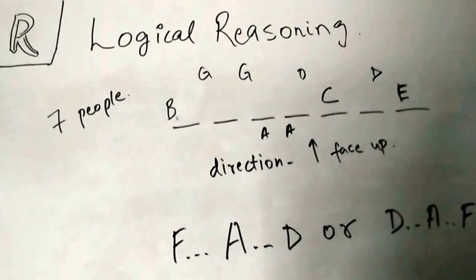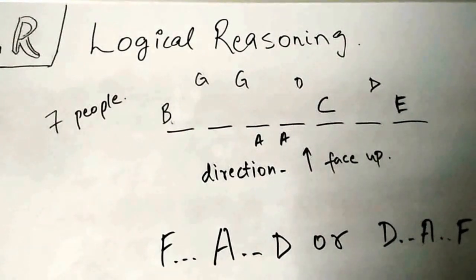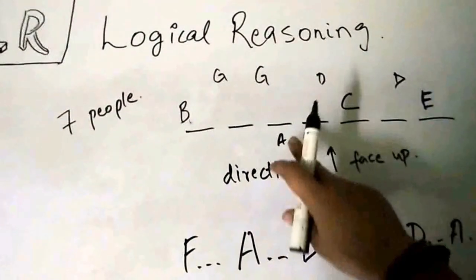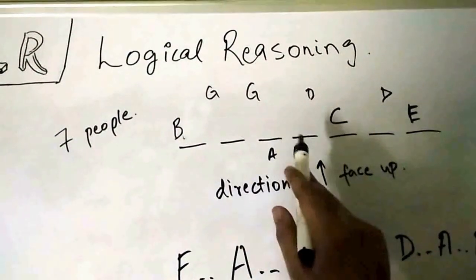Now we'll have to find clues between the clues, right? So let's revisit the point where A is sitting exactly between F and D. If A sits here, F and D can sit here and here.